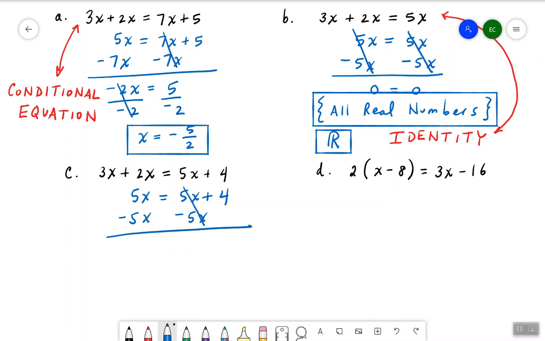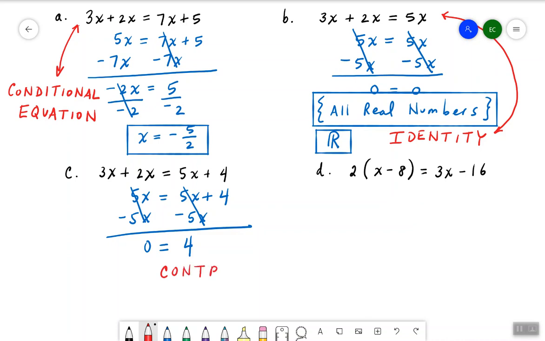Again, the x's would cancel on both sides, just like they did in the previous example, except now on the left side we have 0, but on the right side we still have a 4 left over. So this is never true. 0 is never equal to 4. And so what this means is we have arrived at a contradiction.